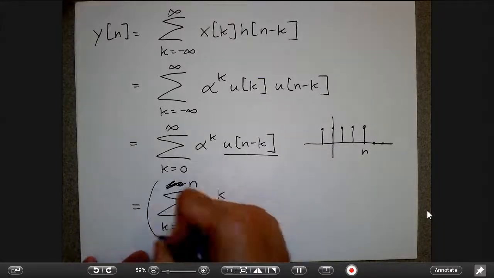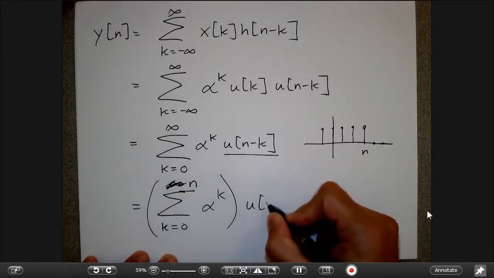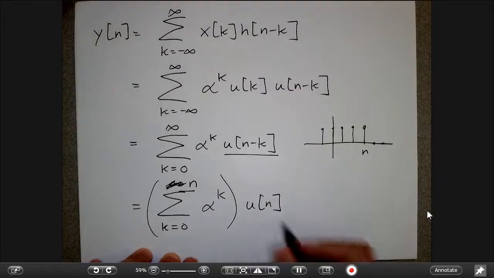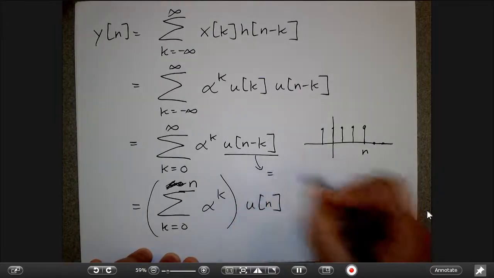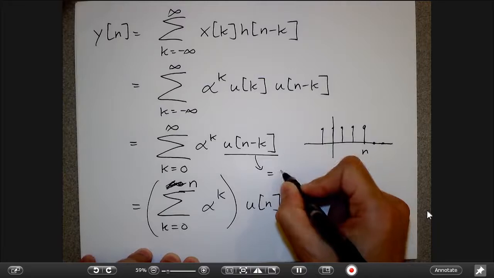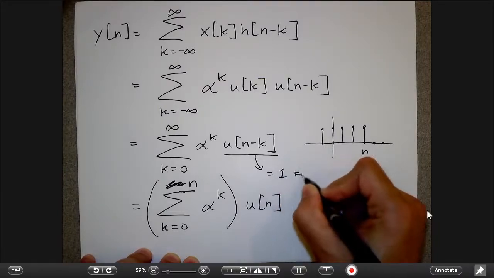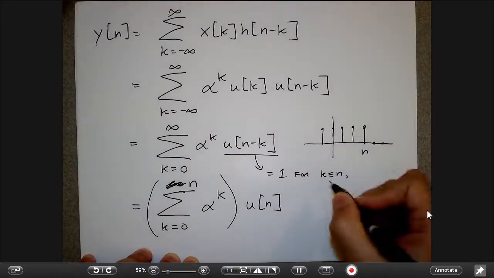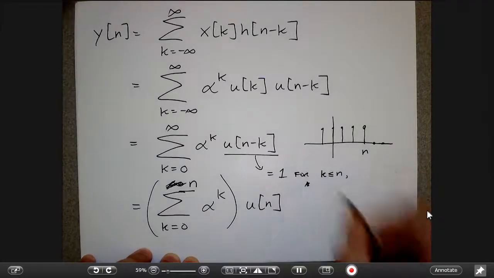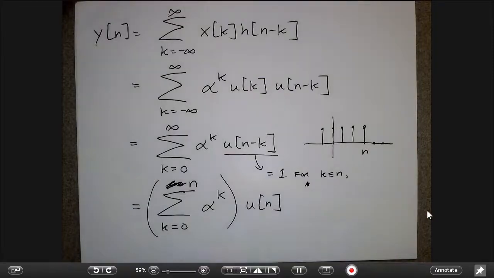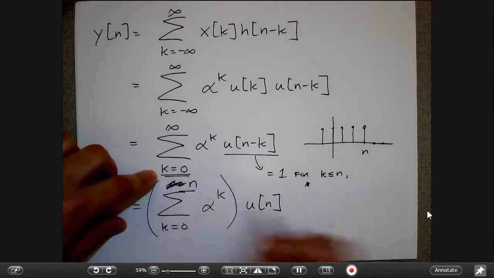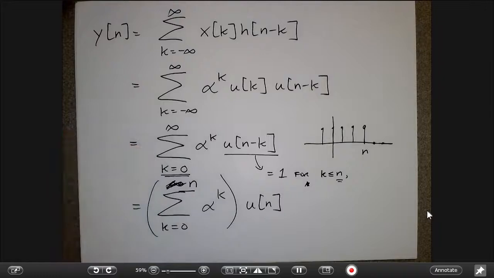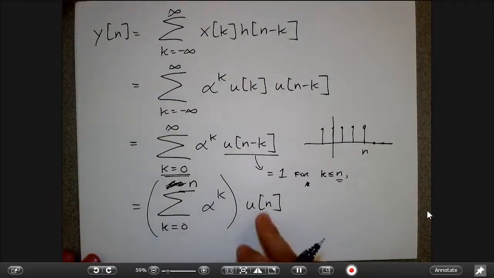That's why I can make this substitution, saying that this is equal to 1 for k less than or equal to n. I need to make sure that the n here doesn't dip below the lower index of the sum, and that's why it's important to remember the step function hanging around.